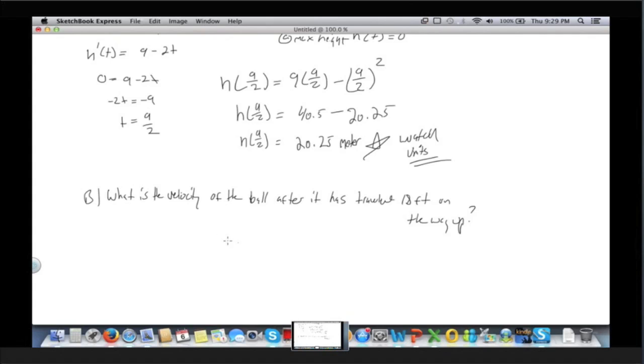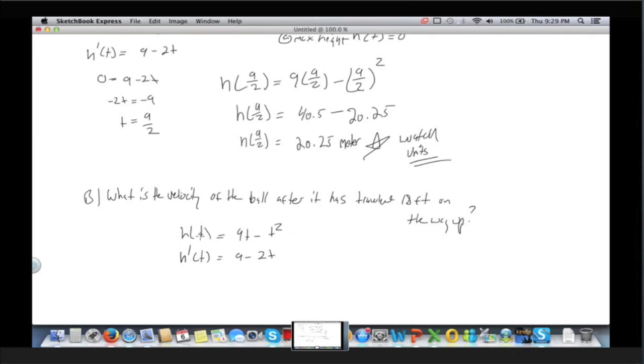Okay, so our position function equals 9t minus t squared, and just to have this, our velocity is equal to 9 minus 2t. So what is the velocity of the ball after it has traveled 18 feet on the way up?